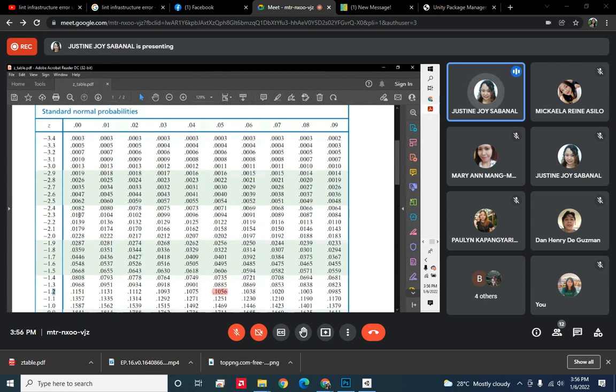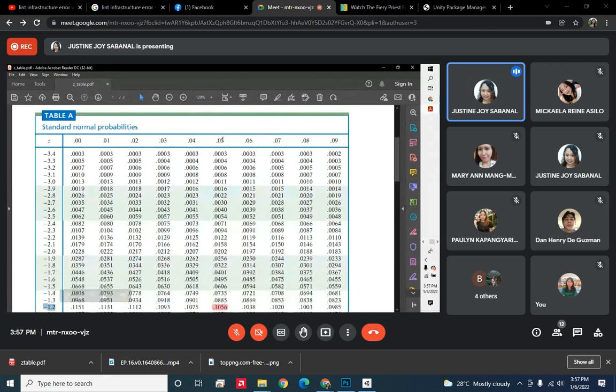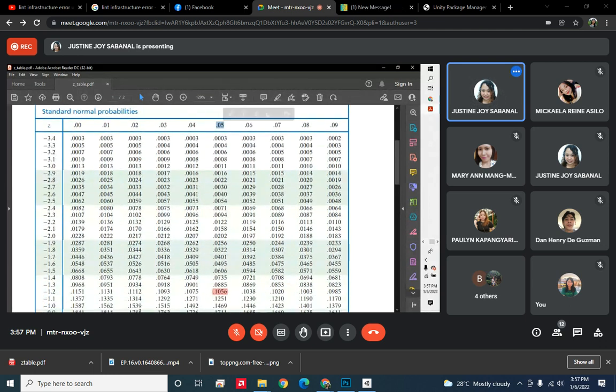Tapos po yung hundredths digit ng atin pong z-score, dun po sa first column nyo makikita yun. So if we have negative 1.205, doon po nag-intersect yung value na yun sa 0.1056.